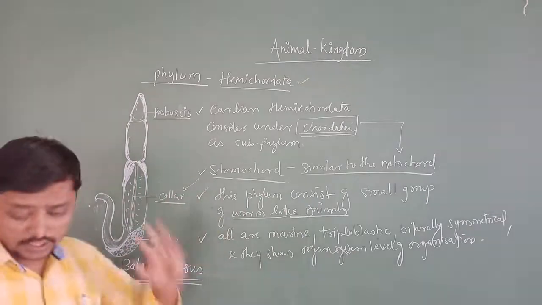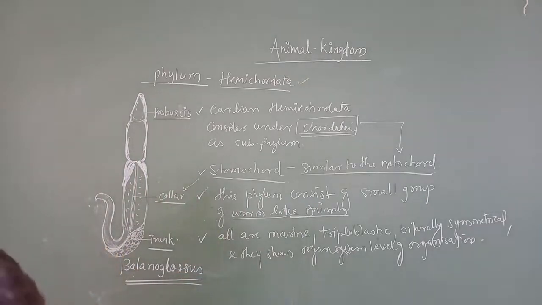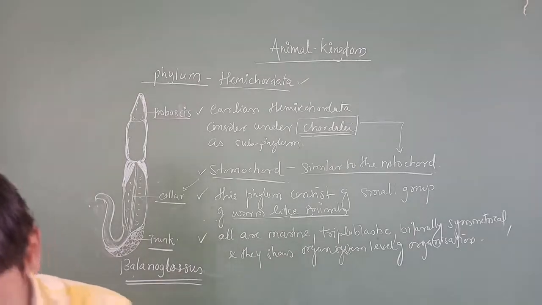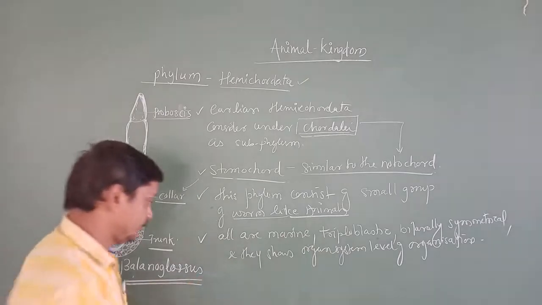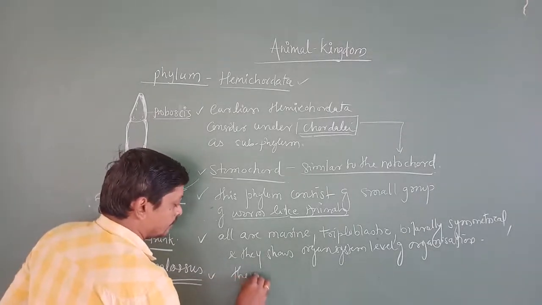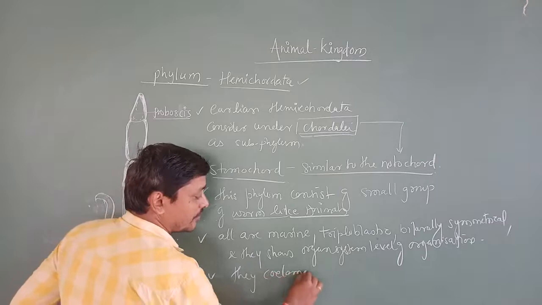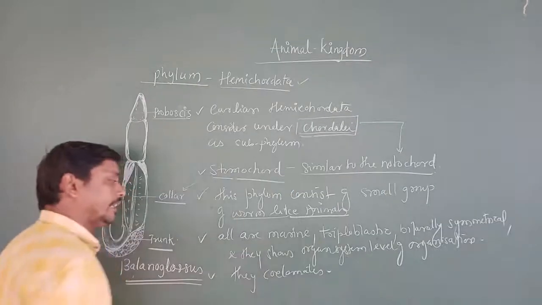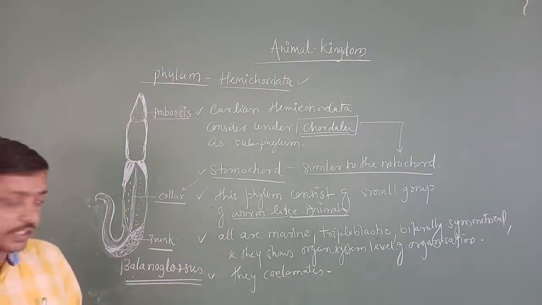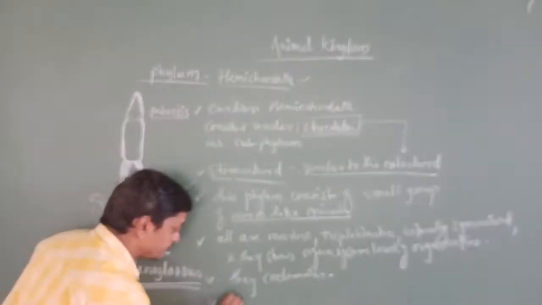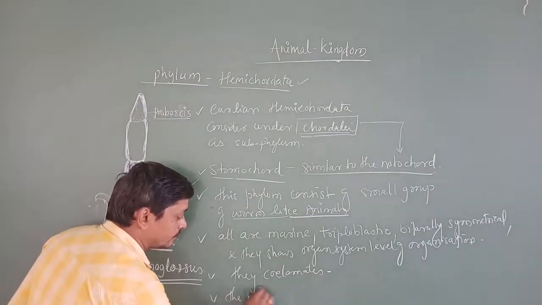So these are what we call worm-like organisms. They are marine, they have organ system level of organization, and they are bilaterally symmetrical and triploblastic. They are coelomates. This is also written on the upper side only. Write coelomates.